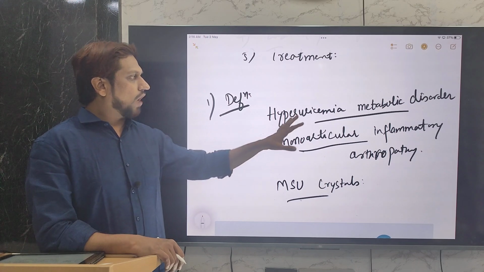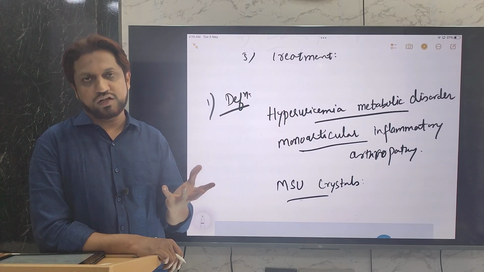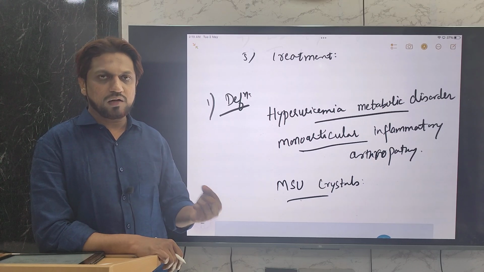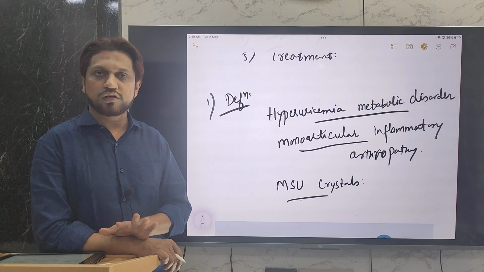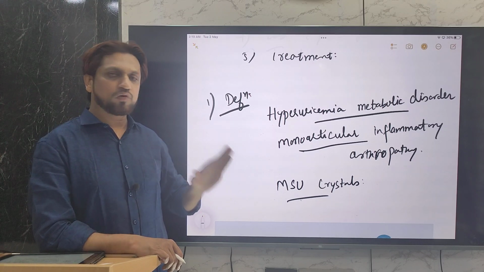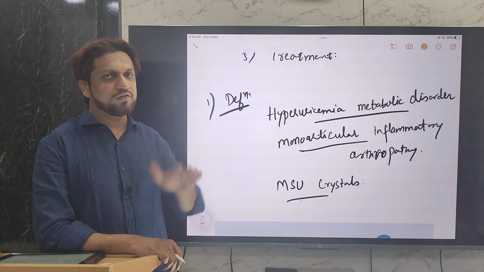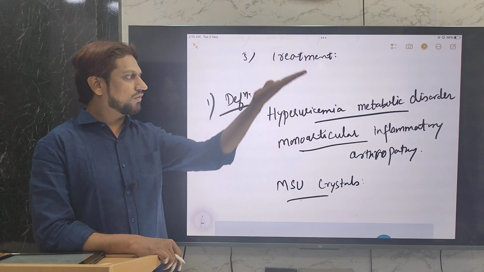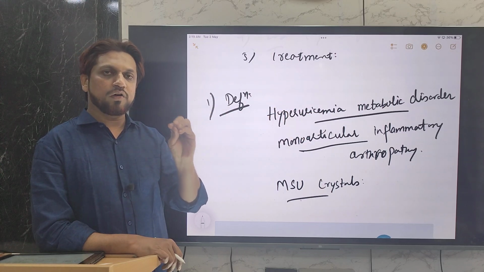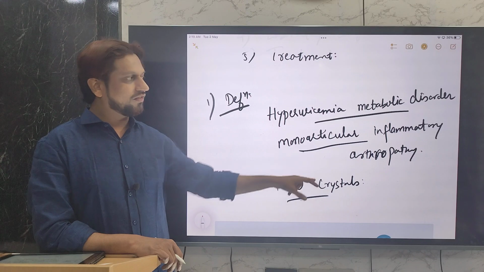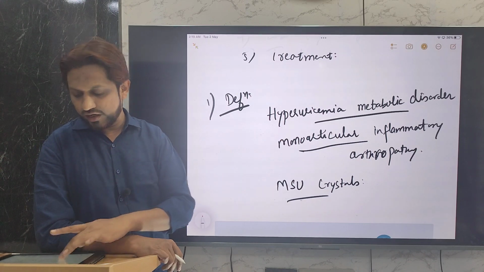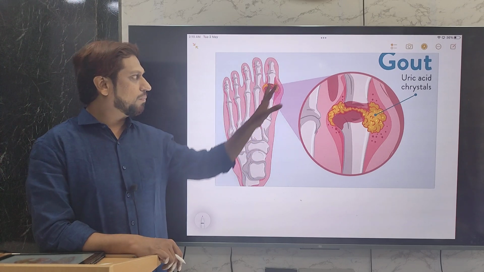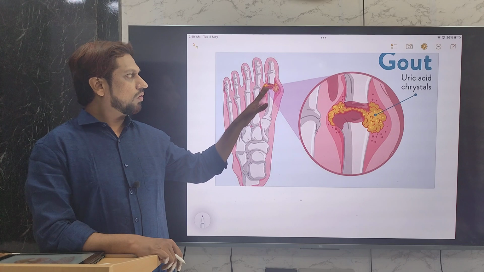Let me elaborate. Hyperuricemia means an increase in the uric acid level in the blood above normal. We will discuss what is normal under the pathogenesis of this condition. So, coming to the definition: the normal uric acid level in the blood is increased, and it leads to the deposition of monosodium urate crystals in the joints, particularly one single joint, the first metatarsophalangeal joint, that is the big toe of the foot.